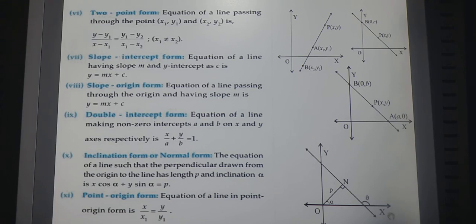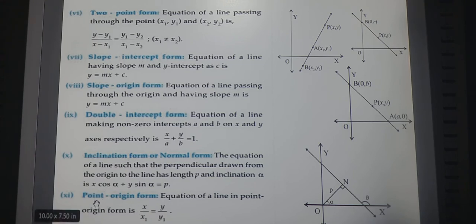If we draw a perpendicular from the origin, here the perpendicular is ON. If the length of ON is small p and the inclination of this perpendicular with the x-axis is alpha, then we write the normal form as x cos alpha plus y sin alpha equals p, which we already proved in class 11, how to find the equation of a line in normal form.